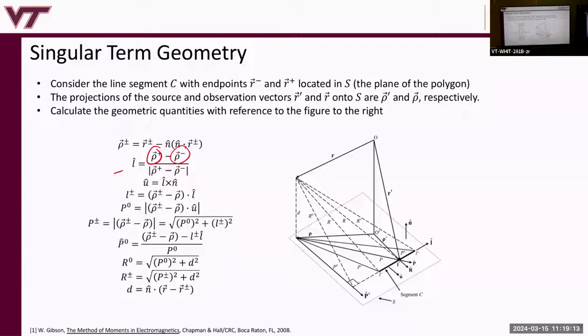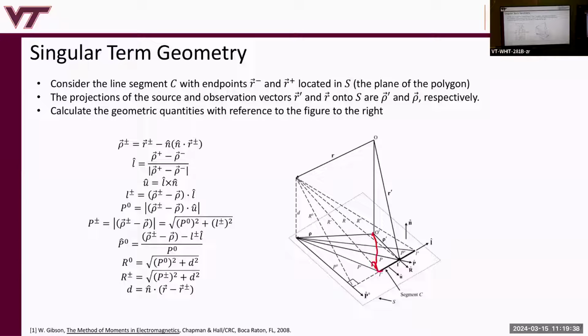Here's rho, it's not shown in this drawing. Rho minus points to the L minus side of the line segment, and rho plus points to the L plus side, all right? So if you subtract those two vectors, what do you get?